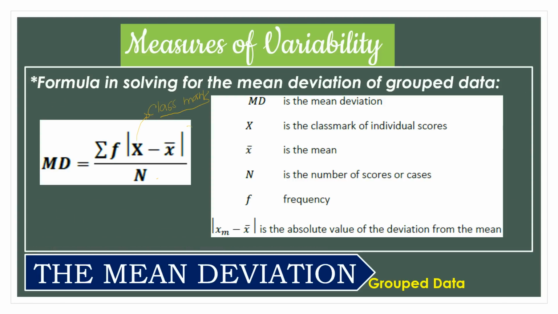Here is our formula in solving for the mean deviation of grouped data. Mean deviation is equal to the sum of all frequencies times the absolute value of the difference between the class mark and the mean. Divide that by n, and that is the mean deviation.